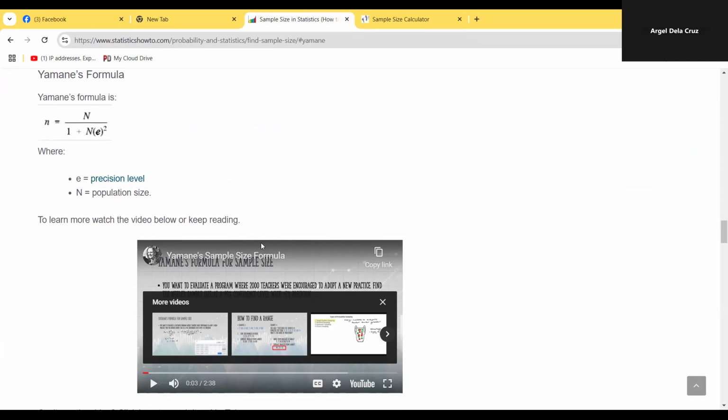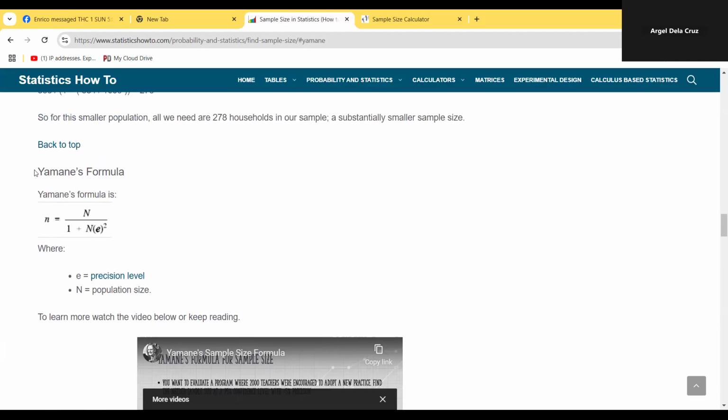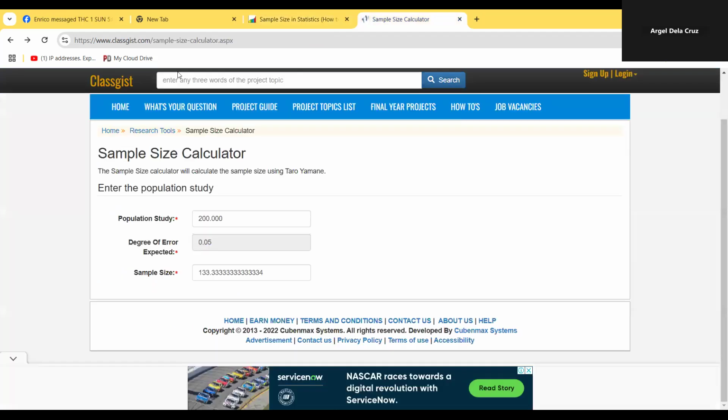Lagay nyo lang census siya. For your case naman na non-probabilistic ka, lagay mo lang bakit. You have to explain bakit, based on the RRL. Now, if you're probabilistic, this is the sample formula for you. Yamane. And to compute it, you can use this website. Nakita nyo naman, di ba?